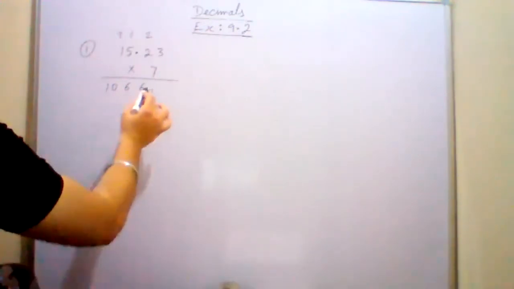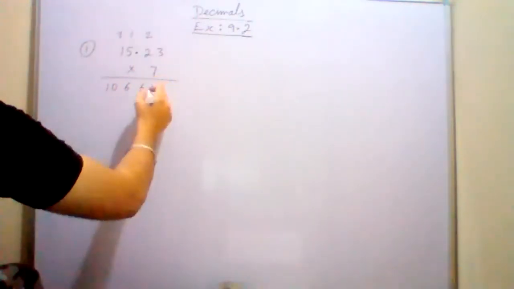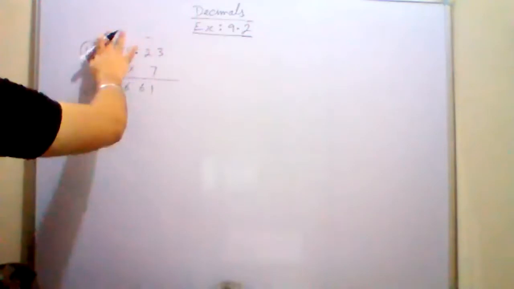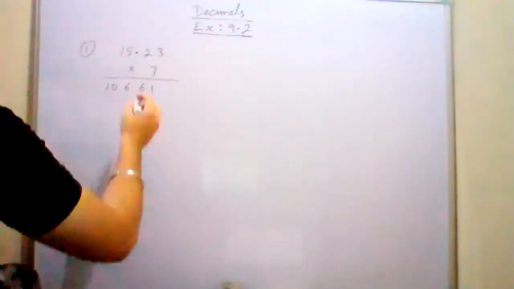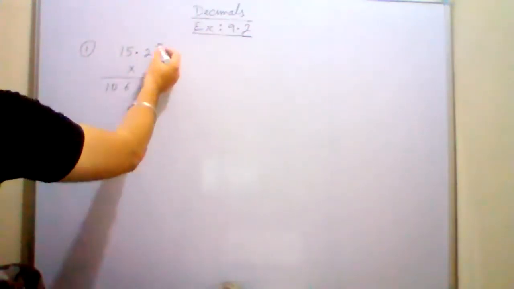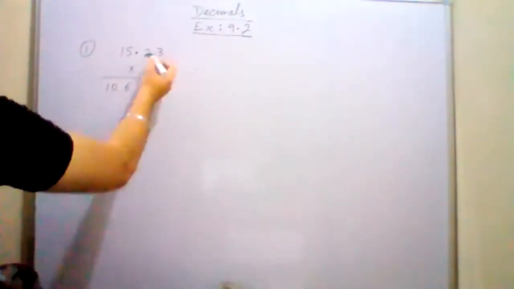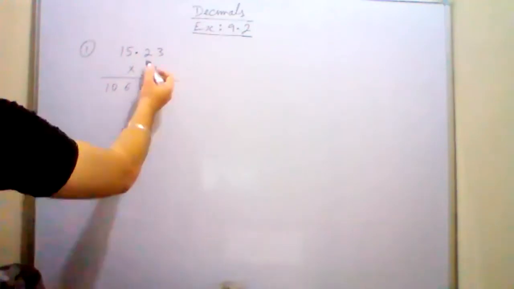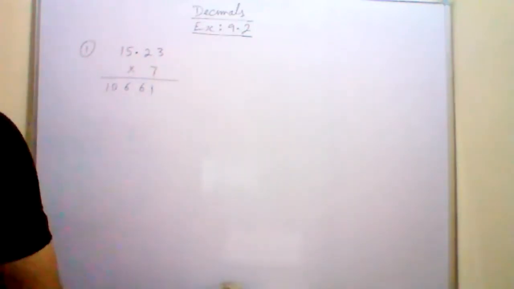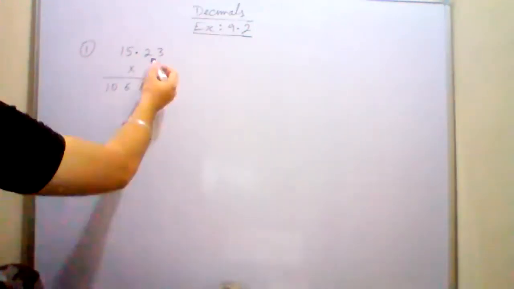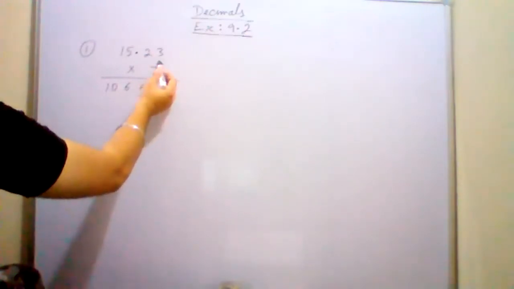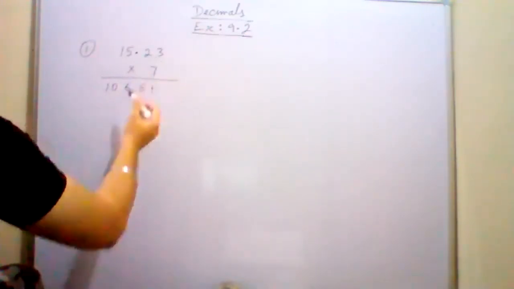Till now I have simply multiplied. Now what do we have to do about the decimal? Count the number of decimal places in this number. How many digits are there after the decimal in the first number? 2 digits, so the number of decimal places is 2.